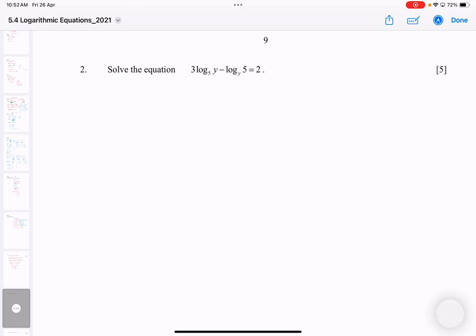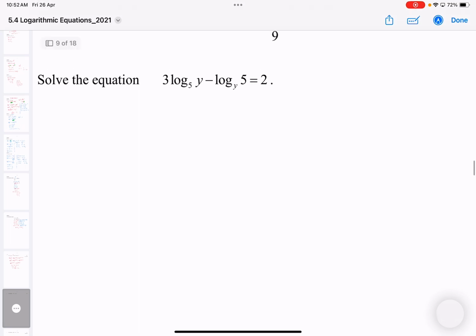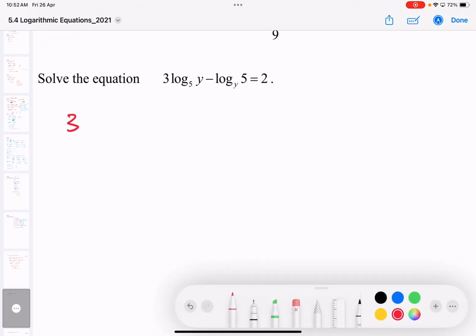We set a goal. Alright, ready on this question? Haven't started, hurry up and start. I will write out the first step for you guys. Change everything to the same base. That's why I didn't put the 3 there. This one you have to use change of base.